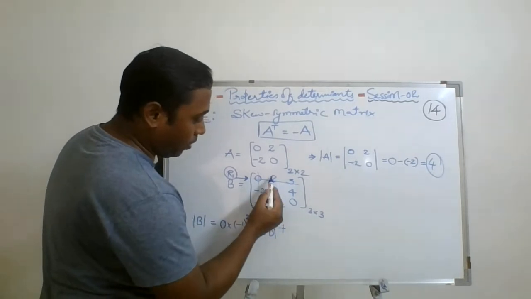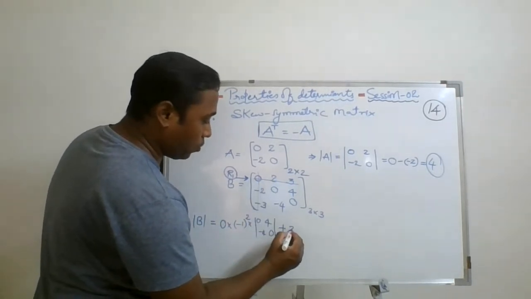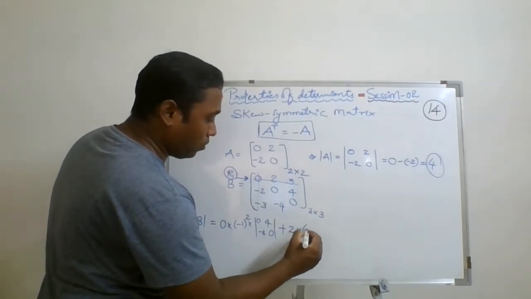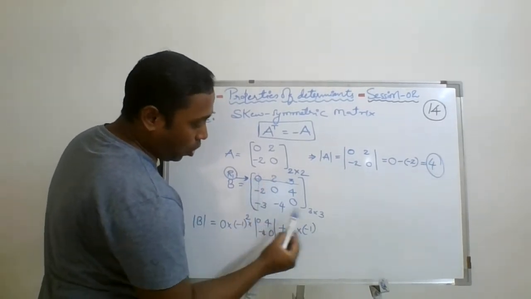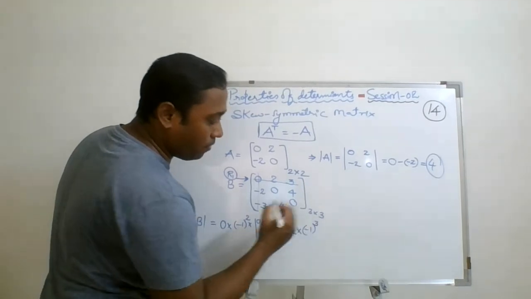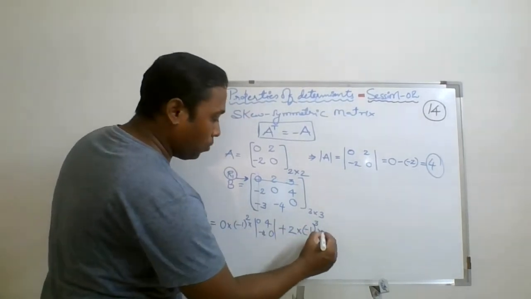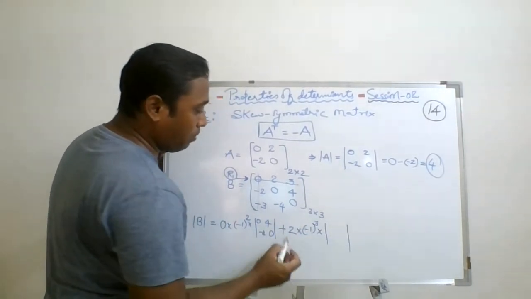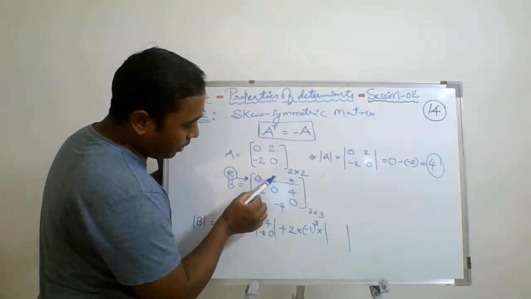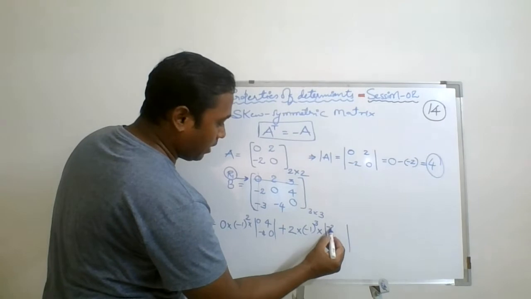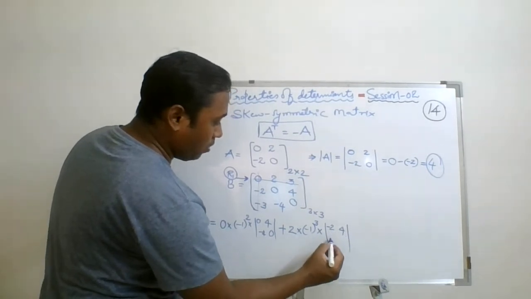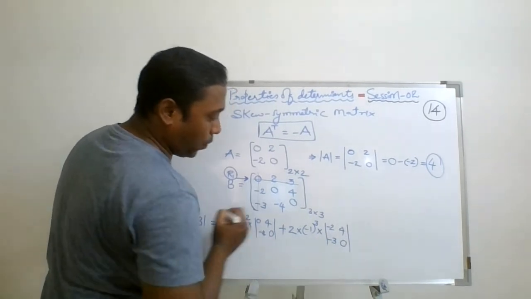Then the second element. What is the second element? We have 2. So the element is 2 into minus 1 to the power of first row, second column. So the power would be the sum of the row and column, into the determinant. What is the determinant? By eliminating the particular row and column, we are left with minus 2, 4, minus 3, 0.